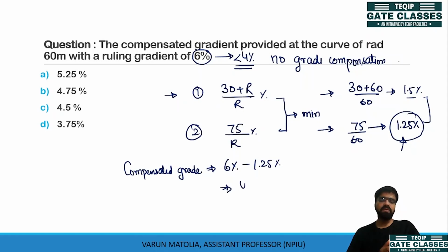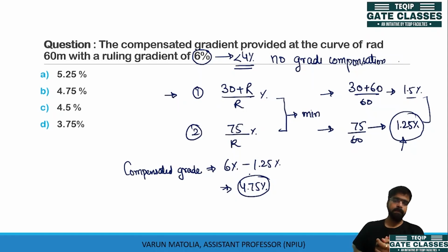This is 4.75%. This is your compensated grade. I hope this question is clear. Many times you will encounter a problem like this, and many times you will have a grade value of 4%. So you need not apply grade compensation for a grade less than 4%.